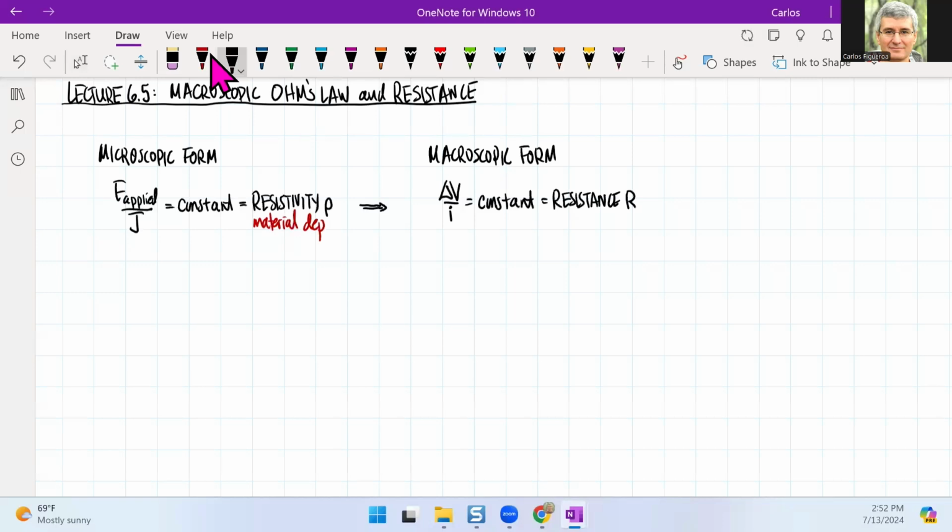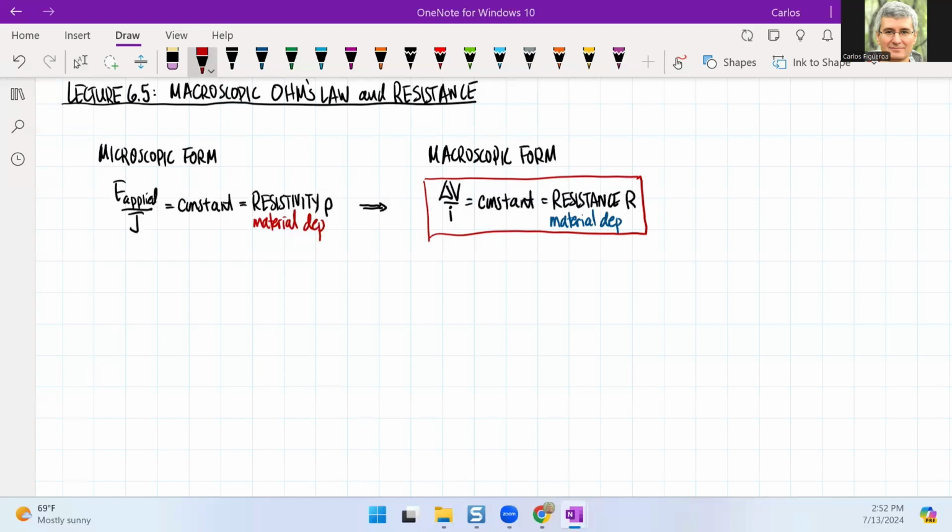And resistance is very similar to capacitance, as we'll find out in a moment. So this is also material dependent. So this is our form of Ohm's law right here.